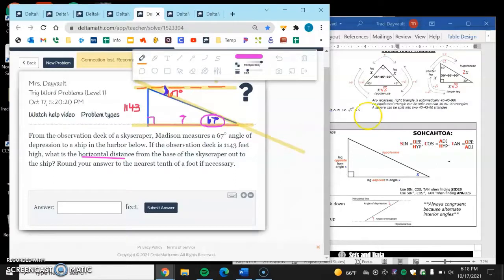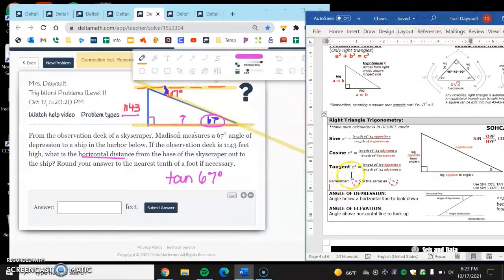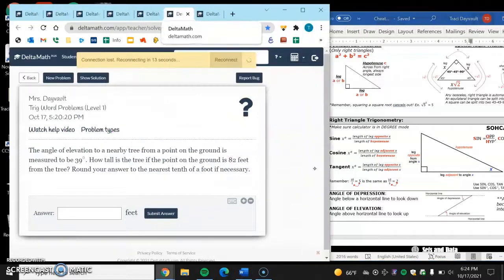Since we have opposite and we're looking for adjacent, I would use tangent. So tangent of 67 degrees. From there, I'm sure you could figure it out because we've done enough of these. You just set up your ratio and then you solve to find whatever it is asking for.